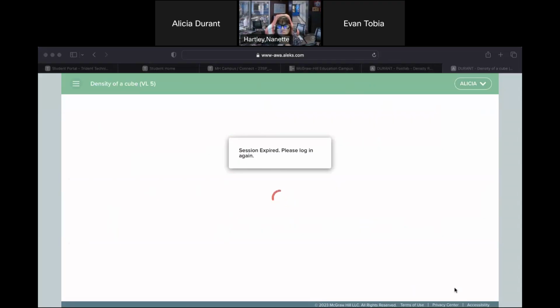Oh, it didn't save my progress. It wasn't this one. I had issues at the part where it's asking me to calculate the mass of the item that I put into the graduated cylinder. I'm going to have to do the whole thing over.